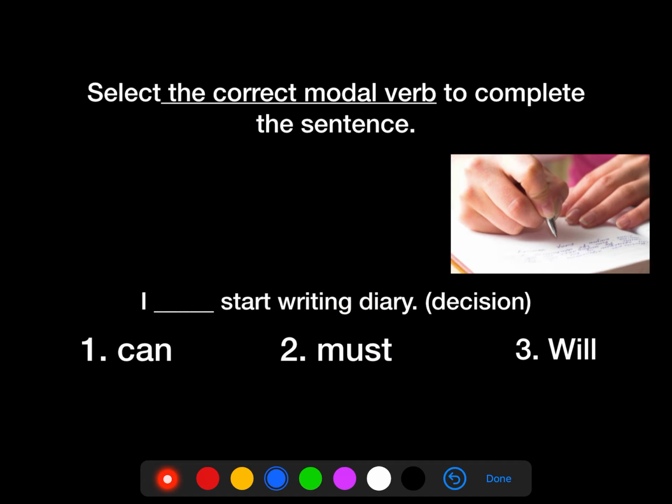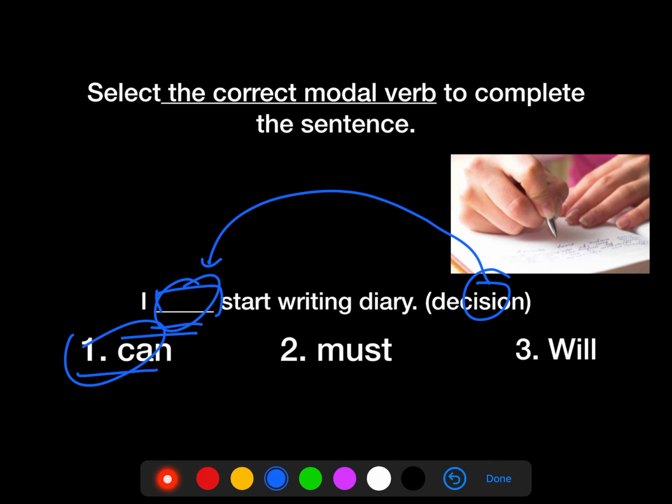I start writing diary. So we have a hint here. This modal verb needs to indicate decision. So we need to remember this. Ability. Permission. Can I do it? I can swim.